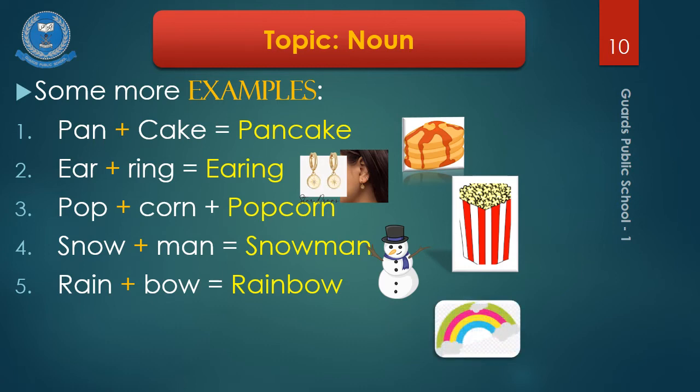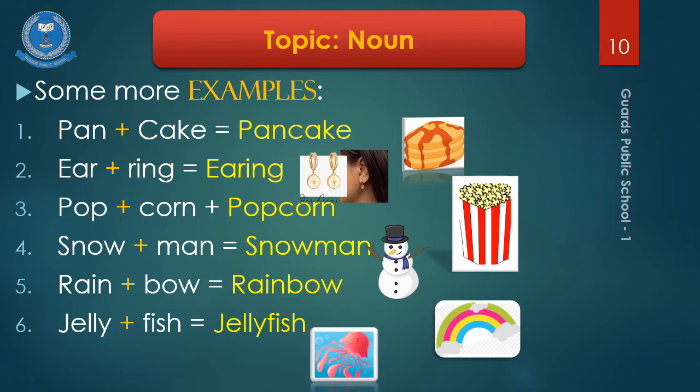Wow, what a lovely picture of a rainbow. And last, number 6, jelly plus fish is equals to jellyfish. I hope you all understand and learned about compound nouns.